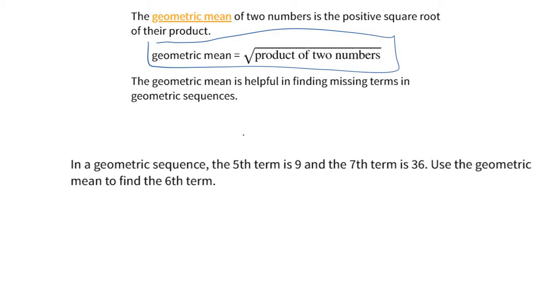So here's an example. Fifth term is 9, so we've got a 9, then we got a blank, and the 7th term is 36. They want us to find this middle term right here. Again, with arithmetic, you just add these, divide by 2. That doesn't work here because these are multiplied. So we're going to do 9 times 36 and do the square root. We're going to find the geometric mean.